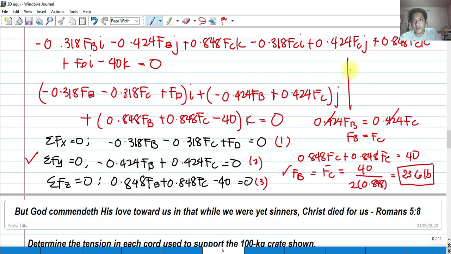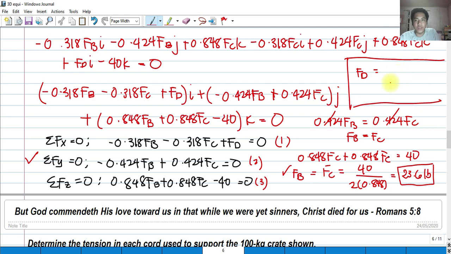All we need to find again is the other one, which is F sub D. F sub D can be found simply by plugging into our equation 1. So transpose this: we have twice 0.318 times 23.6. You can solve it since I don't have enough space here.